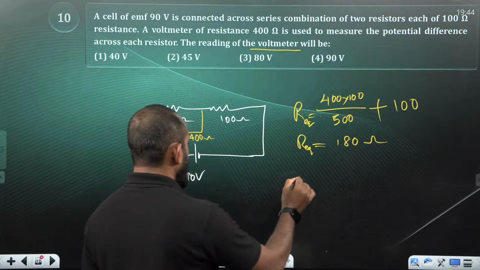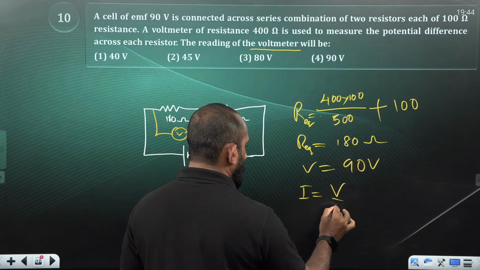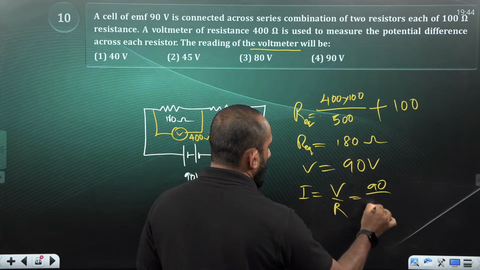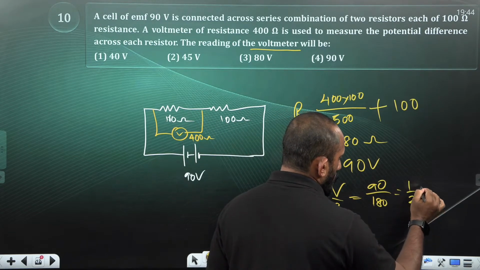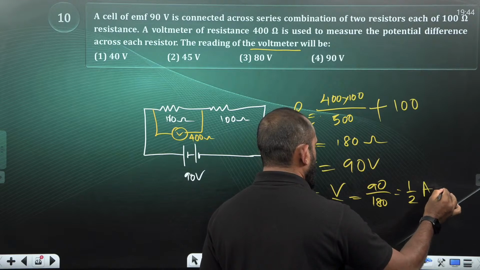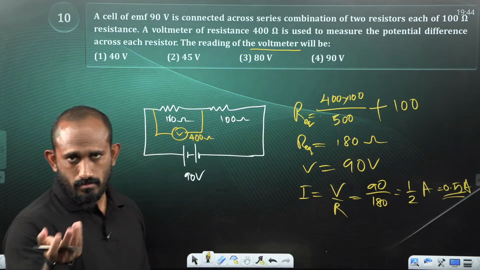Now voltage is given 90 volt. So current I is equal to V by R, that is 90 by 180, which means 1 by 2, that is 0.5 ampere. Current I got it.